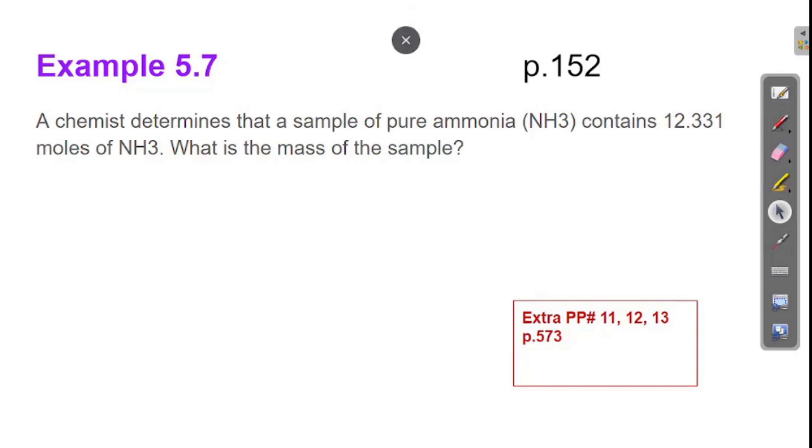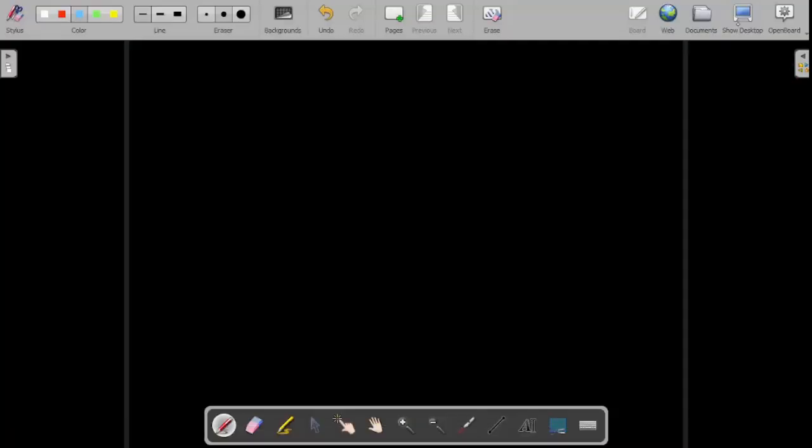Let me go to the board here, and let me get some white and write down what they are giving us. So we have 12.331 moles of that ammonia, and what they want is the mass of the sample.